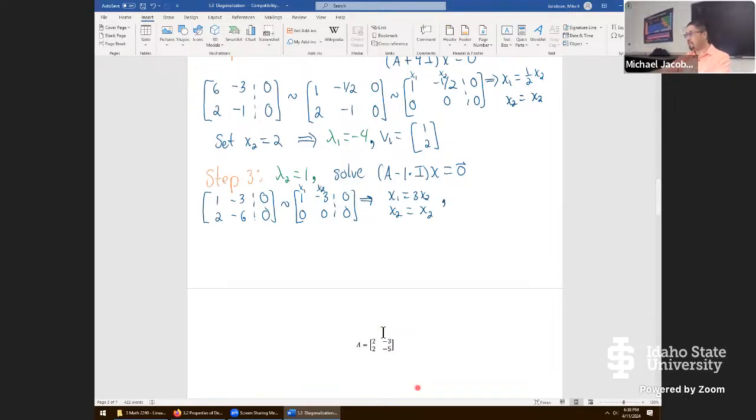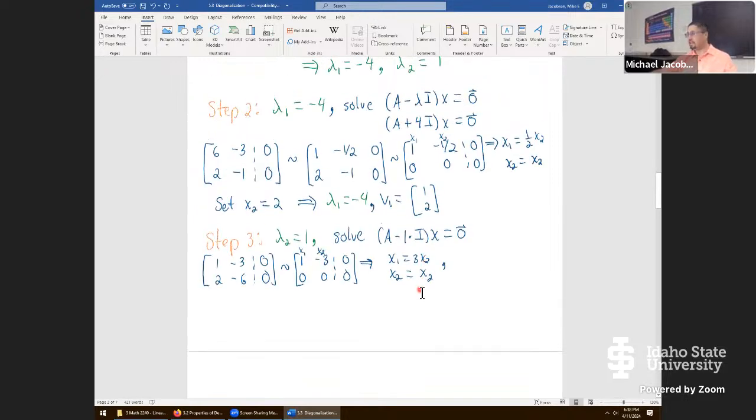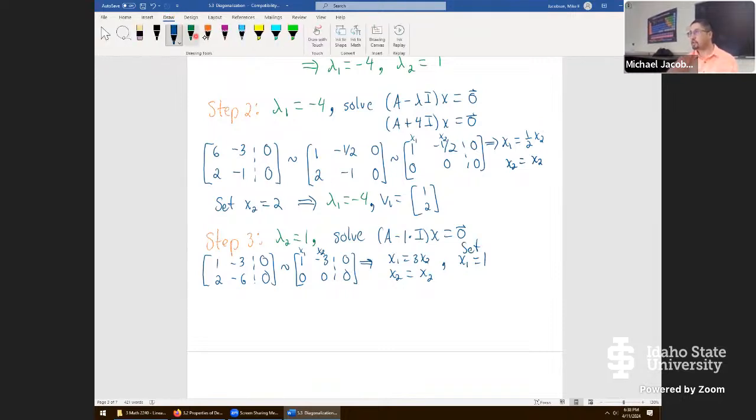And now, just like before, we have to do the uncomfortable work of picking a value for x2. Usually you pick a 1, but it's typical if there's a fraction, you'd pick the value to clear the fraction. Here, let's just set x2 equals 1. Then here's our conclusion. Oh, hang on, let me try again.